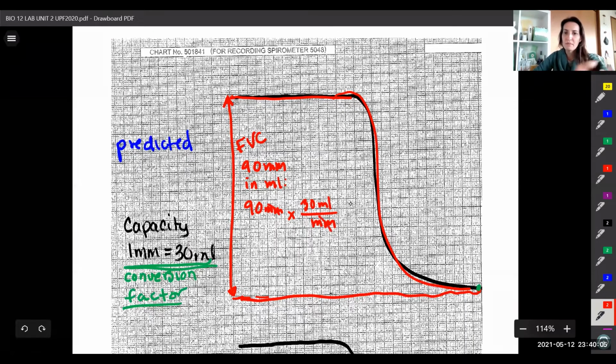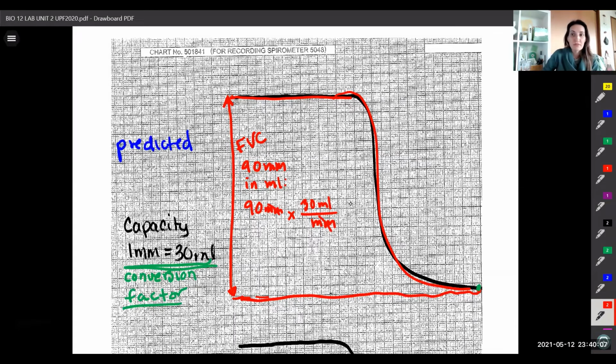Keep in mind that it might be different on the exam, might not be 30 milliliters, whatever equates to whatever diagram I happen to give you there. So make sure you pay attention to that. Now we multiply 90 by 30, we get 2,700 milliliters. There's my FVC, 2,700 milliliters.